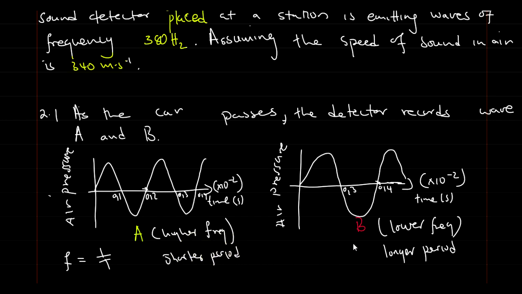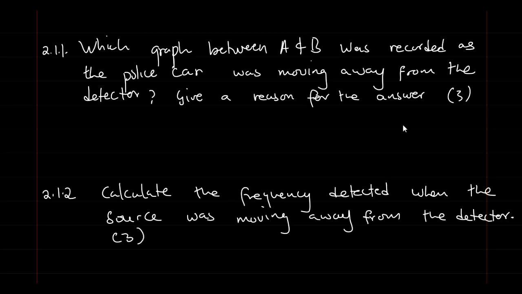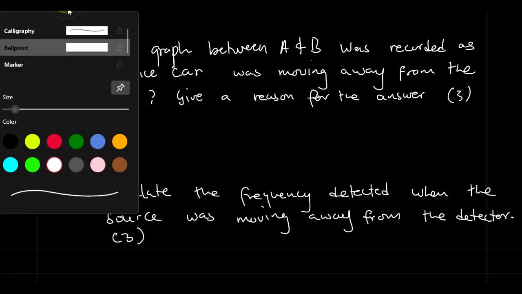So we only observe lower frequency as the source is moving away from an observer or a detector. Our answer will be B. Now, the solution, let's take a nice colored pen.